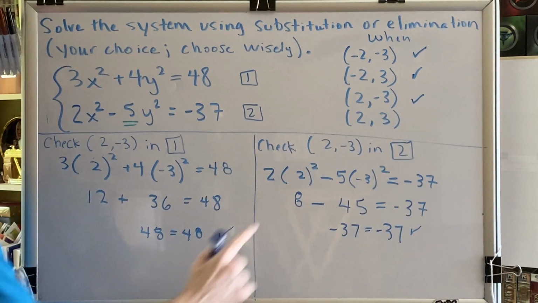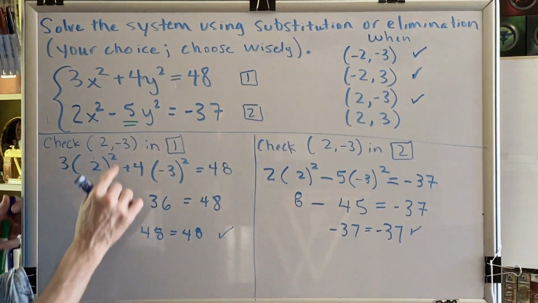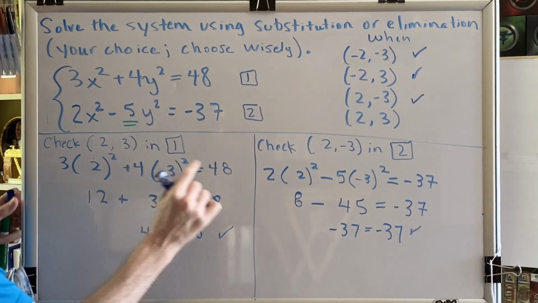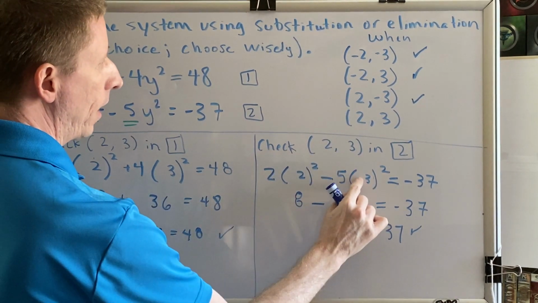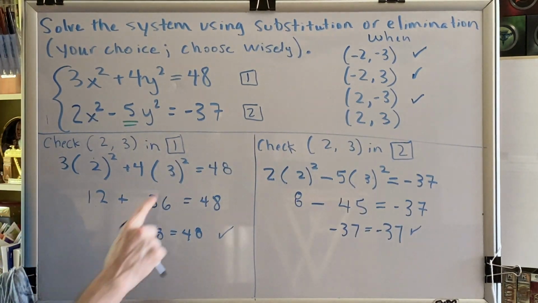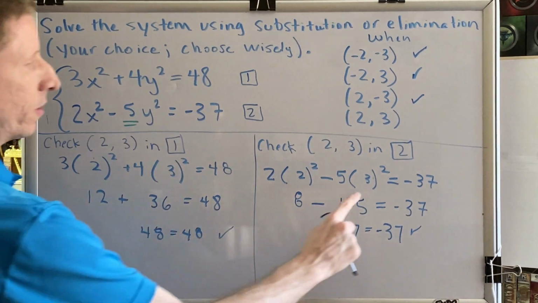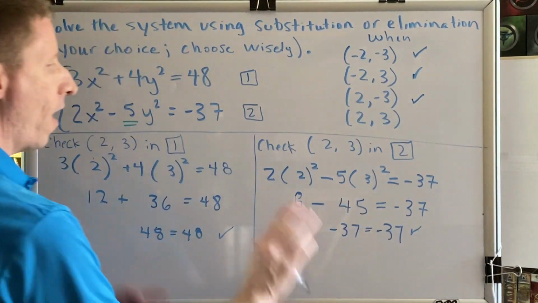And the last one we have to check is +2, +3, so we erase the negative here, and here, here, and here. 3 squared is 9 times 4 is 36, 3 squared is 9 times 5 is 45, and the rest of the algebra checks.